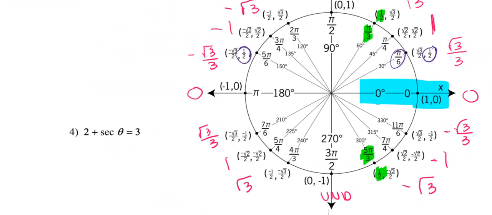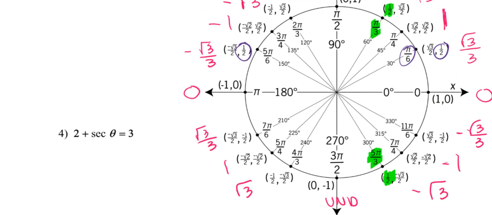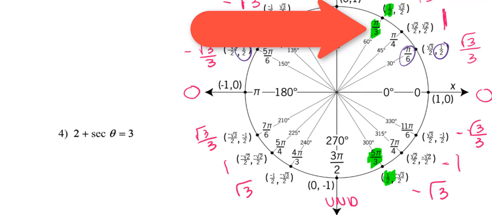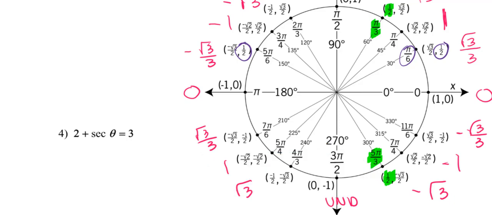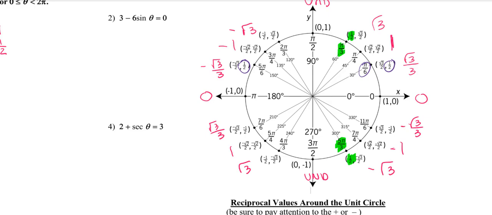And that's going to be at 2 different spots. One of them is going to be right here at pi over 3. And the other spot is going to be at 5 pi over 3. So in both of those cases, the value of cosine theta is 1/2.